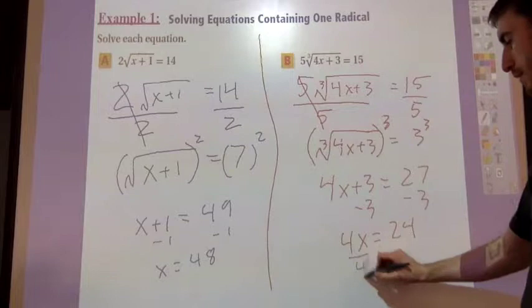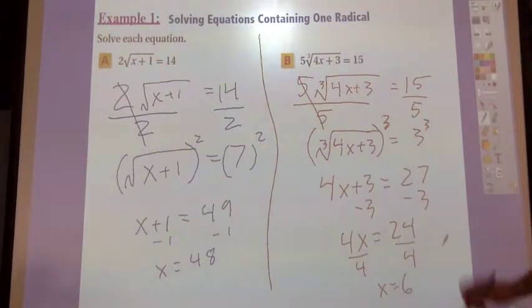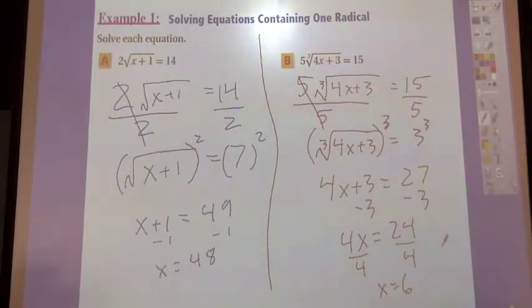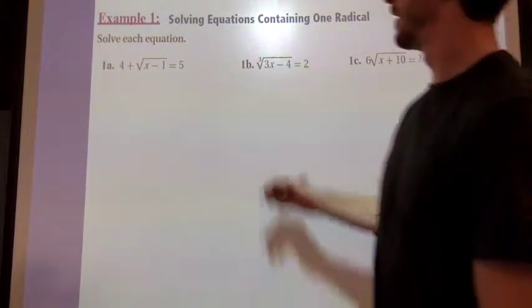Divide both sides by 4, and I get x equals 6. And I could plug that back in to check and make sure, but I'll let you do that on your own. Okay, so these ones are for you to try by yourself, and I will go ahead and do them now.